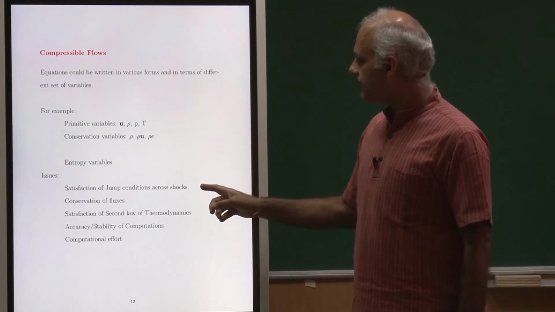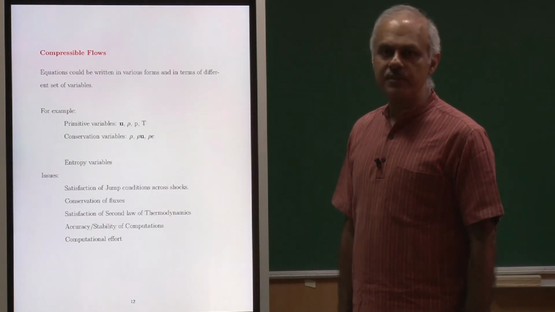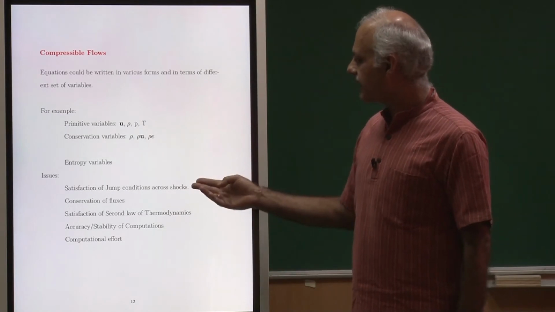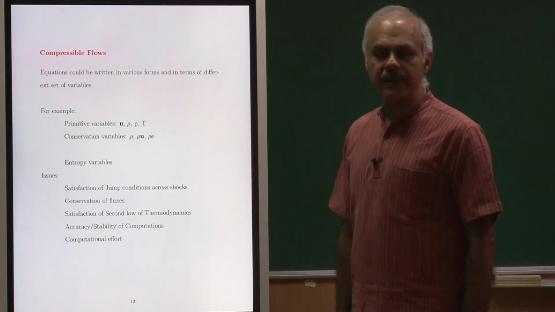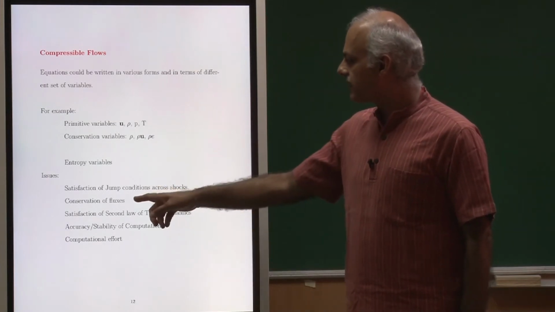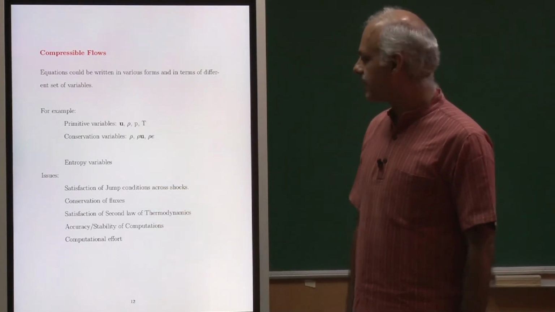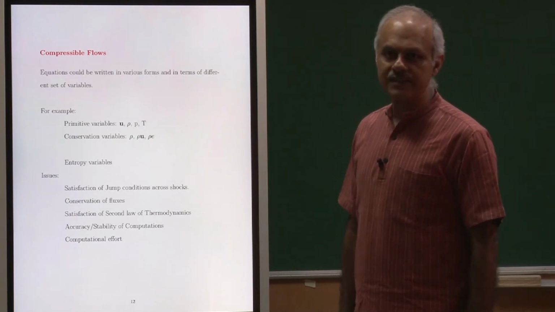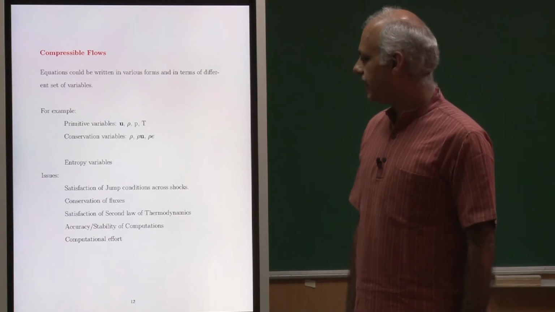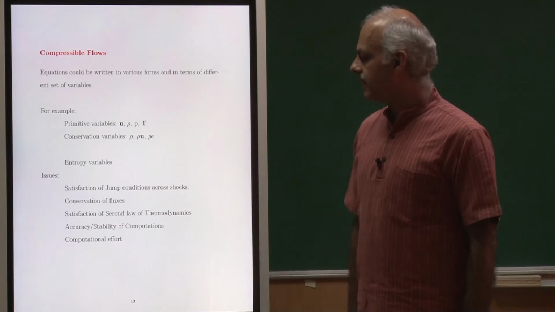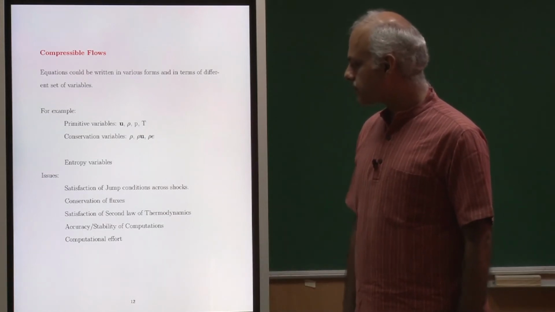One of the biggest issues is that when you go to compressible flows, you can get shock waves. We would like to make sure that we satisfy the jump conditions across the shock. So, there should be conservation of fluxes, the Rankine-Hugoniot conditions. We must satisfy the second law of thermodynamics, so entropy should follow the distribution that satisfies the second law.